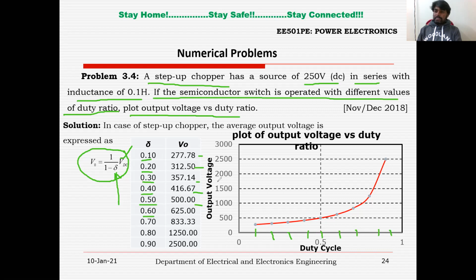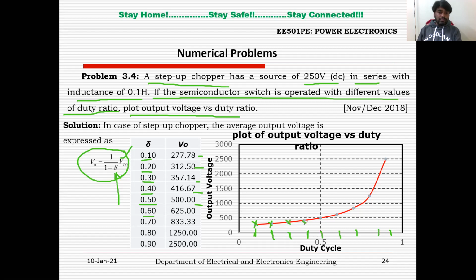The output voltage is on y-axis, duty ratio is on x-axis. So now you can find at 0.1 duty cycle, this is the voltage, 277.78 volts. At 0.2 duty ratio, you can find 312.5 volts. At 0.3, you can find 357.15 volts.